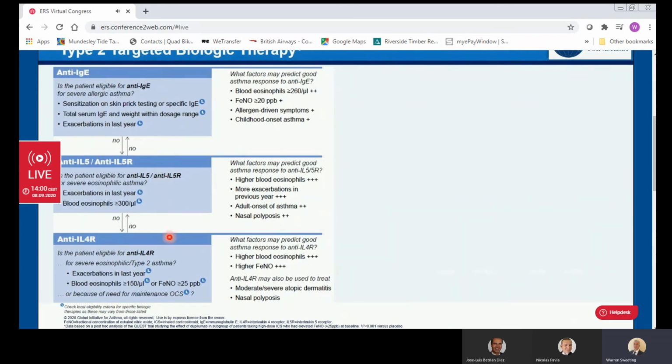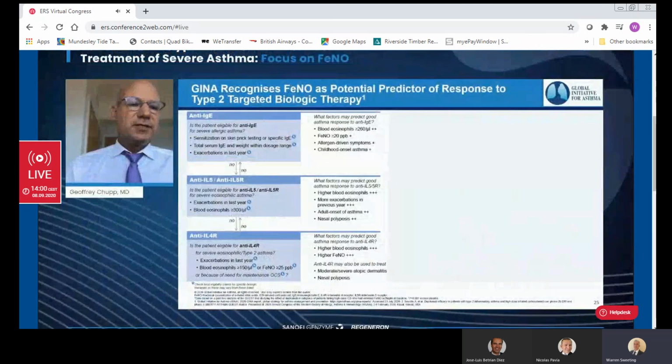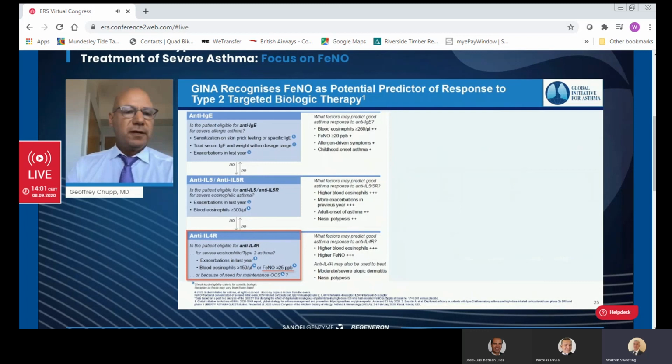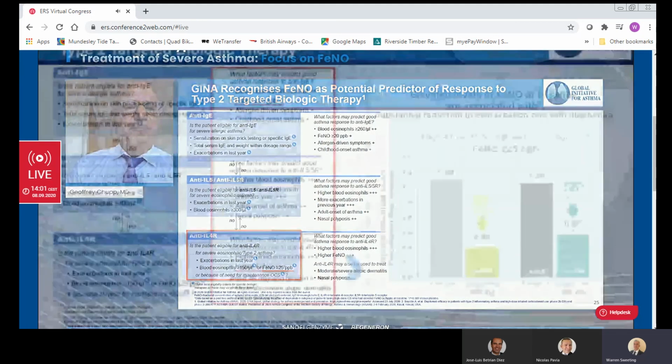And you can look at patients' FeNO levels in relation to anti-IgE therapy, eosinophils for patients with anti-IL-5 pathway therapies, and exhaled nitric oxide levels for identifying patients who are going to respond to anti-IL-4 receptor therapy, dupilumab, which blocks both the IL-4 and IL-13 pathways.